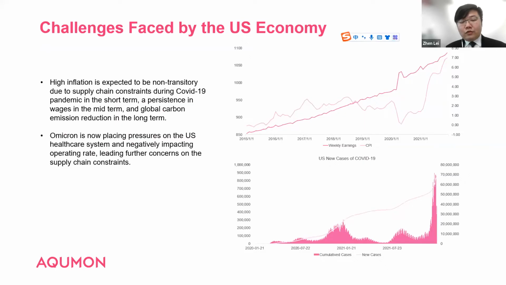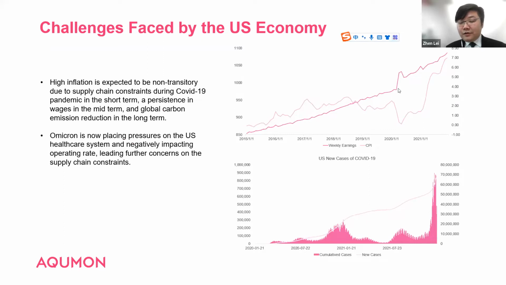So let's look at the United States. There are two challenges faced by the United States economy. The first one is the high inflation. Now it is non-transitory due to supply chain constraints during the COVID-19 pandemic in the short term, and a persistence in wages in the midterm and global carbon emission reduction in the long term.